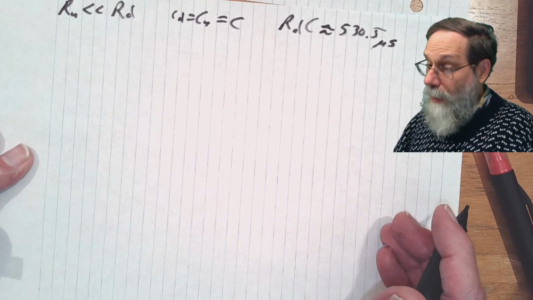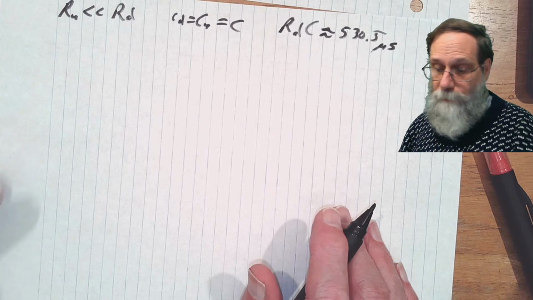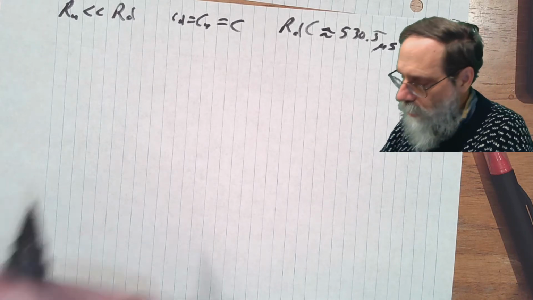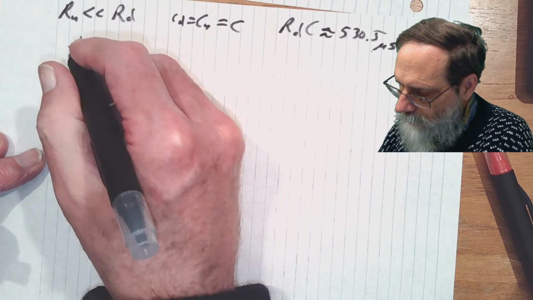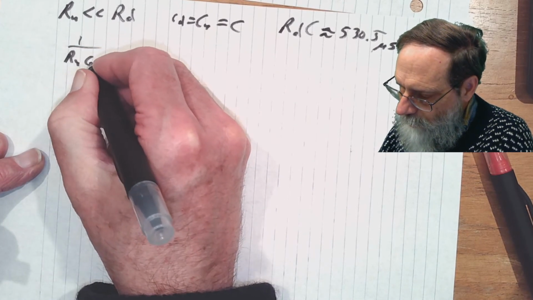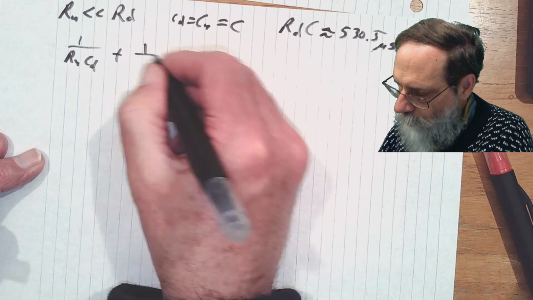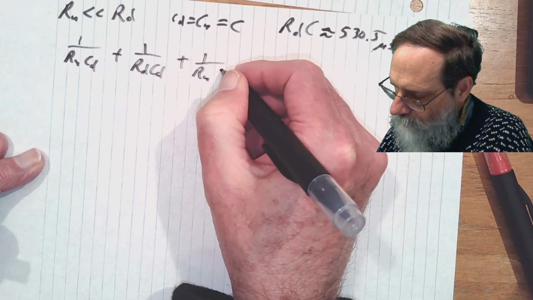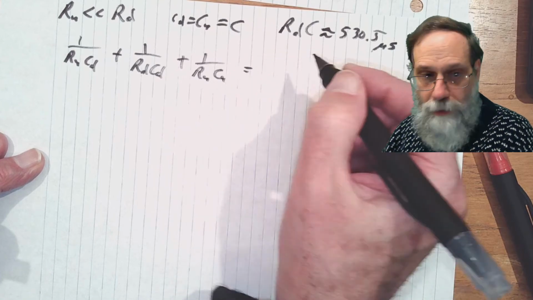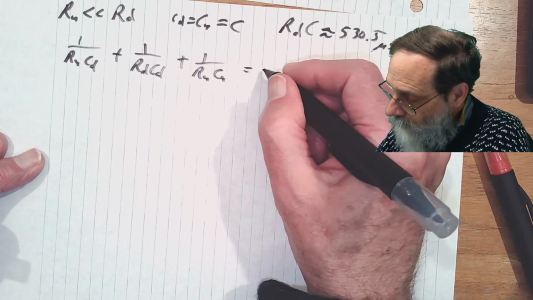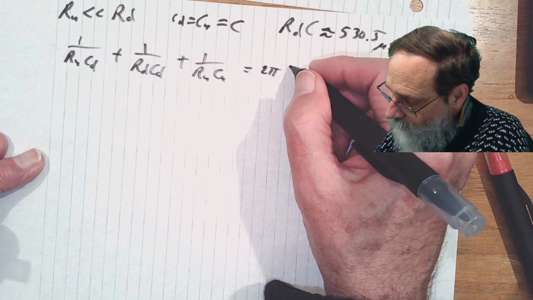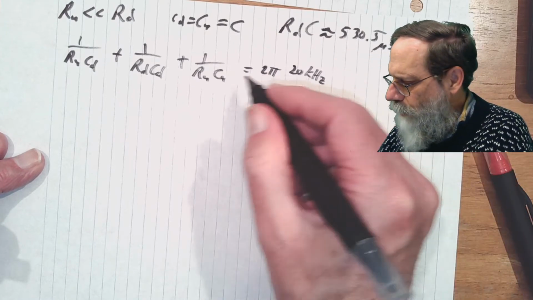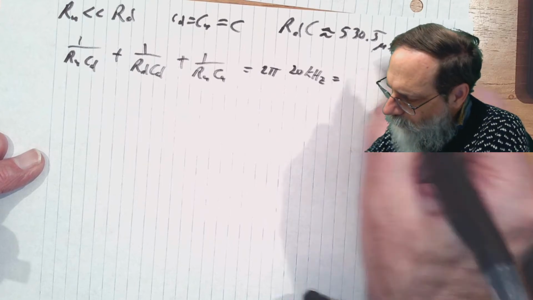All right, now we've got to use the upper corner frequency, and the formula for the upper corner frequency was 1 over, and I've got to get the right pair here, RUCD plus 1 over RDCD plus 1 over RUCU, and that's going to be equal to 2 pi times 20 kilohertz. Well, let's just figure out what that is.